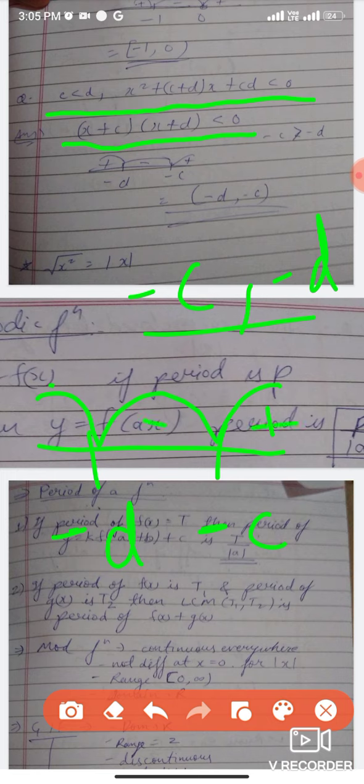Once again the same thing, plus minus plus, and now see which value you have to take. This is again less than 0. Less than means the minus corridor. This is minus d to minus c. Why excluded? Excluded and included. Here excluded because the sign is only this one, not less than or equal to. This sign is just less than.